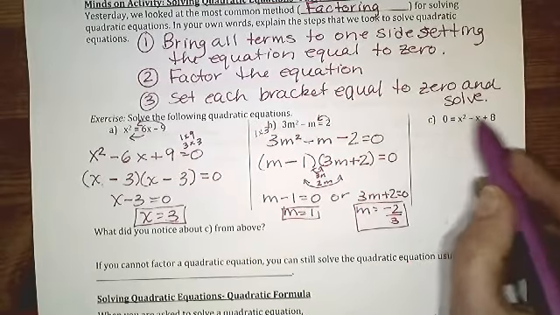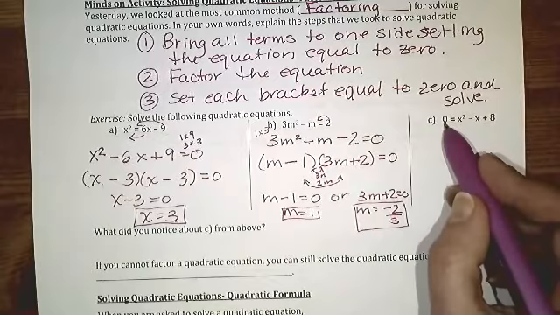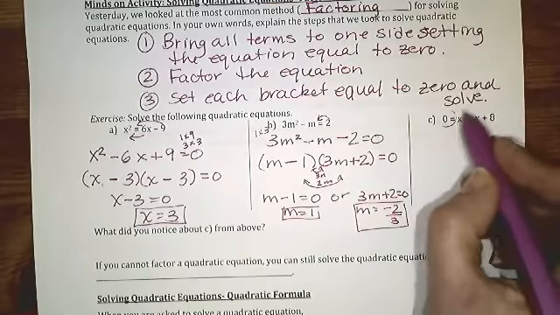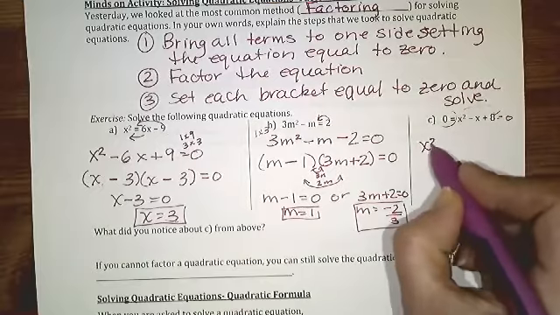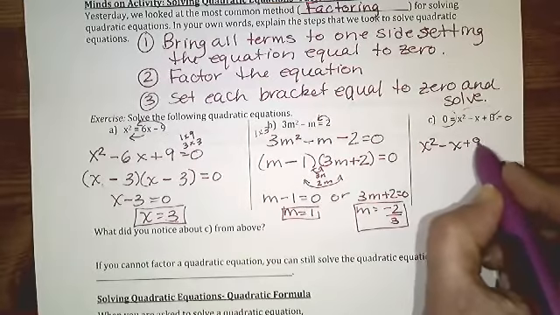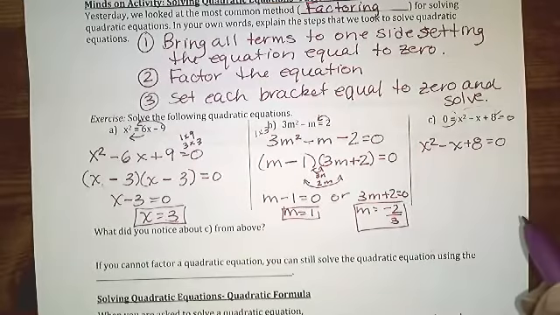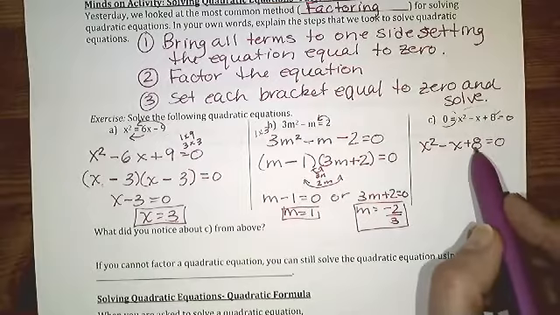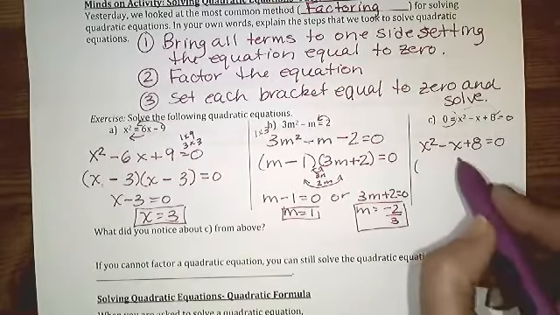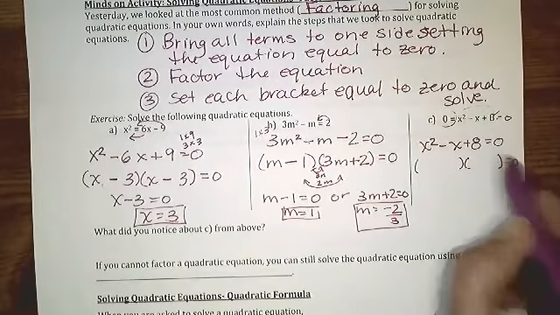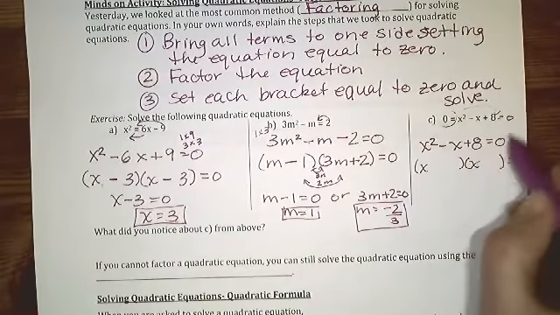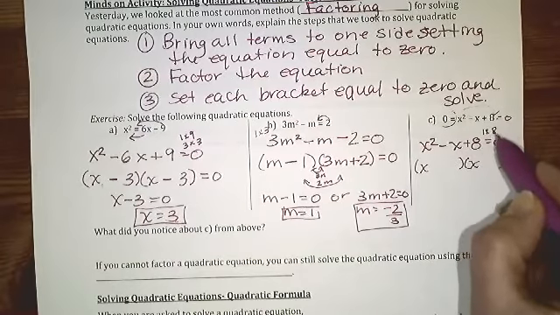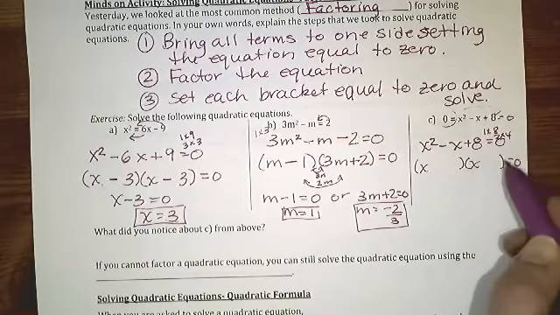The last one, all the terms are on the same side and it's equal to 0. If you don't like the 0 first, you can always write the 0 over here, equal to 0. So if you like that as a starting point, you can always rewrite it so the 0 is at the end. Once again, if we were to look at factoring this, the only factors we have here are x, and the factors here are 1 and 8 or 2 and 4.